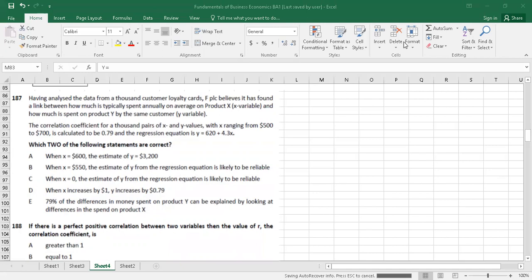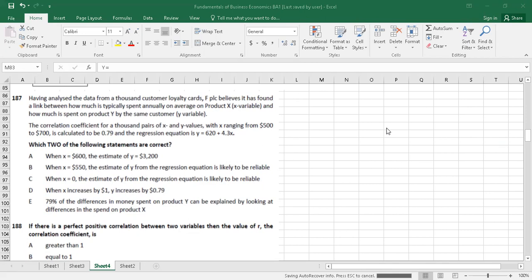Which two of the following statements are correct? x is equal to 550, x is equal to 0, when x increases by 1, y increases by 0.7, 79% of the differences in money spent on product Y can be explained by looking at the difference in money spent.